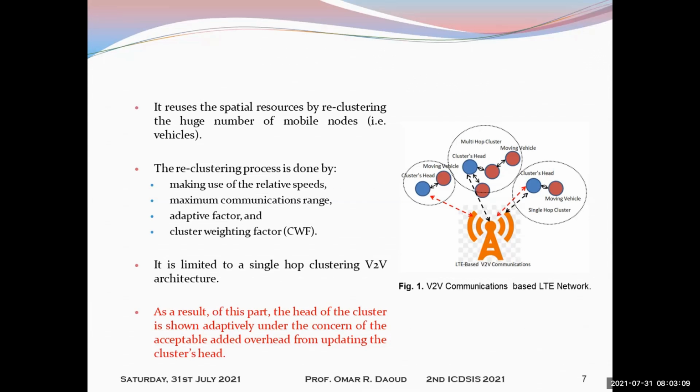This work is limited to a single-hop clustering V2V architecture. As a result of this part, the head of the cluster is chosen adaptively under the concern of the acceptable added overhead for updating the clusters. So we will focus on the overhead and its relation with either the speed or the communication range.